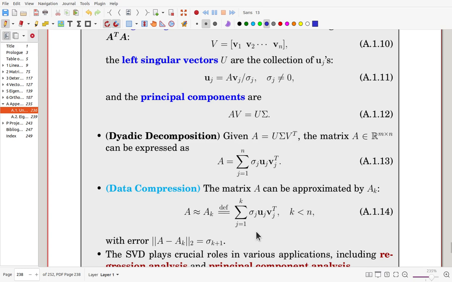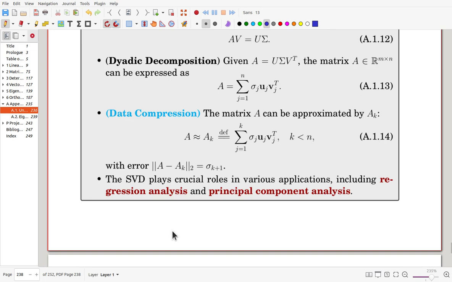In this way, by taking only a very small number k of components, we can save the data in an approximated form quite effectively. Rather than the whole data set, we may try to save in this way much more effectively. This is the idea of data compression.